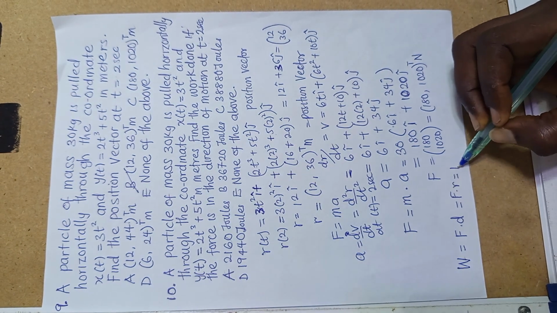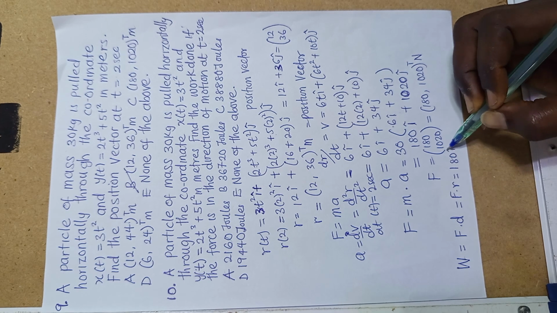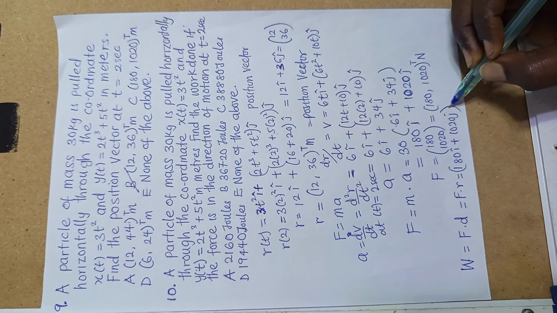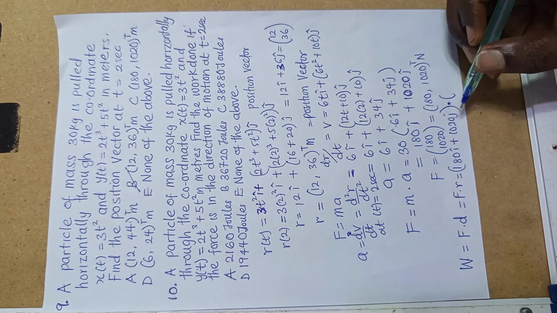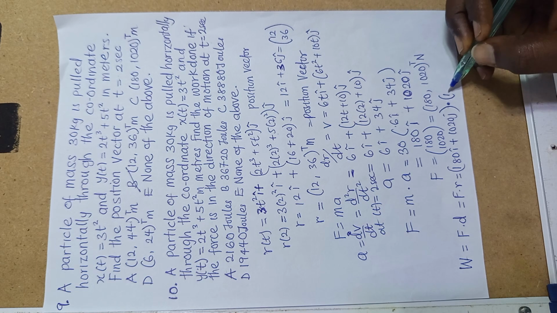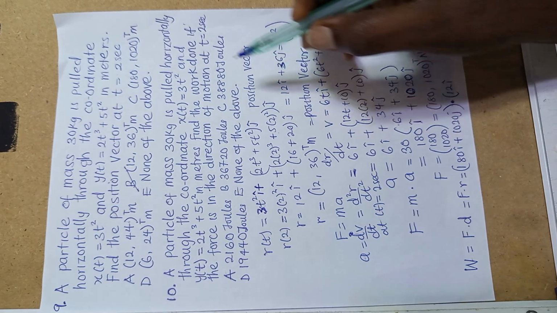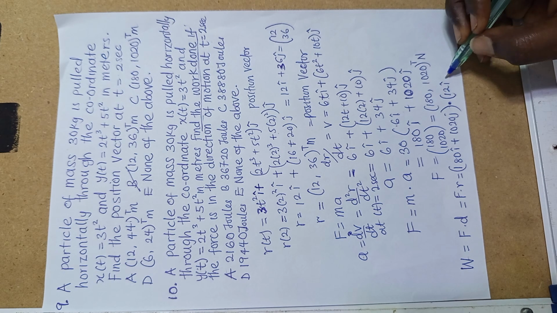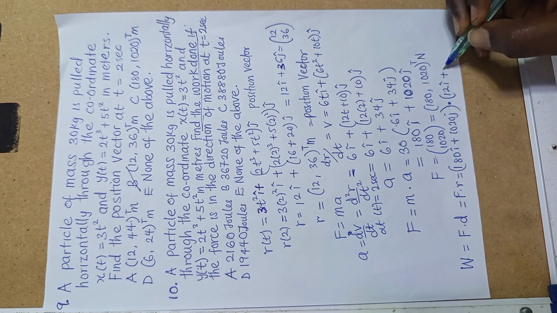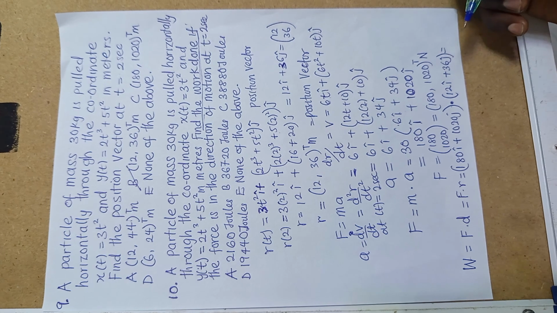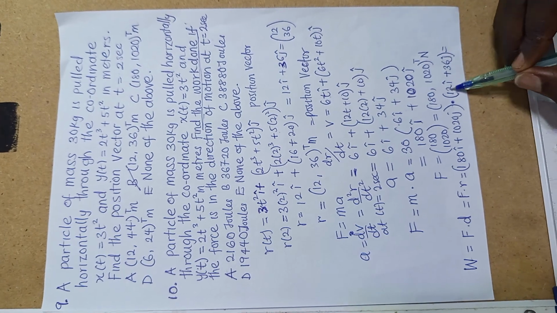So our F is 180i plus 1020j, dot our position vector, which is 12i plus 36j, because that is what they ask for the second question.